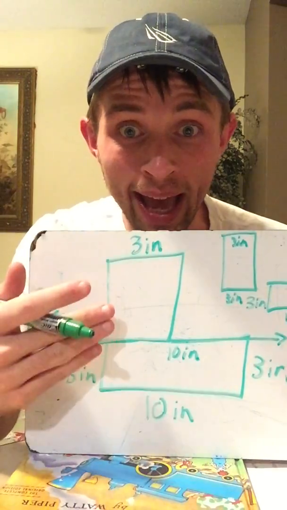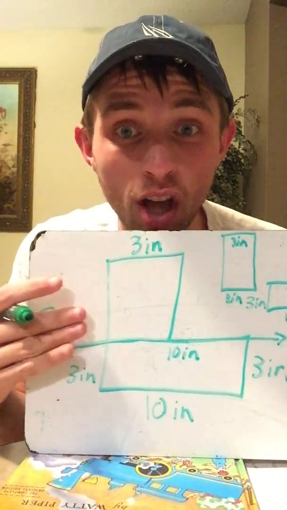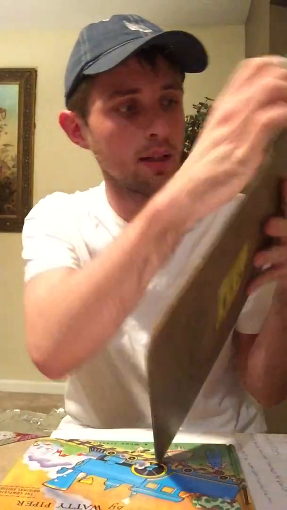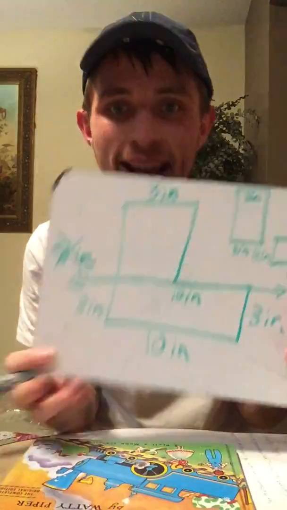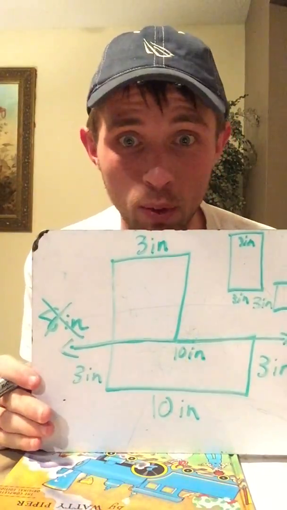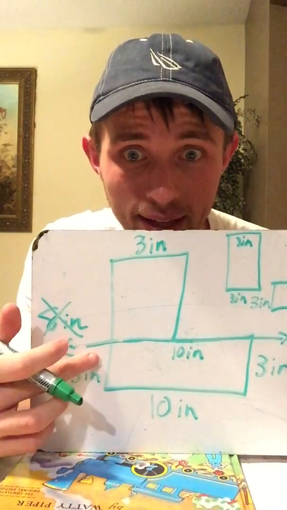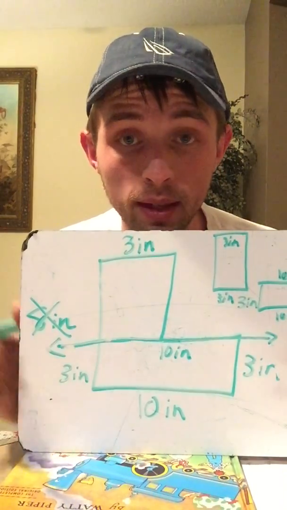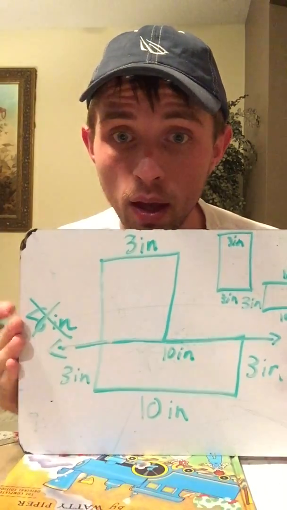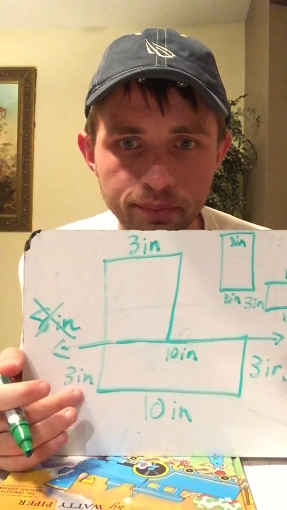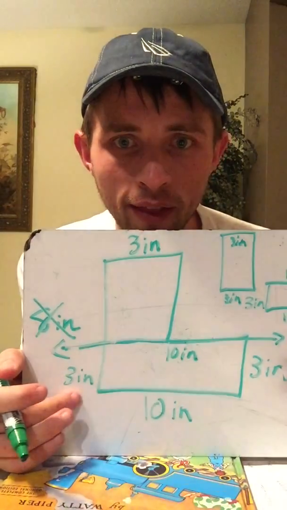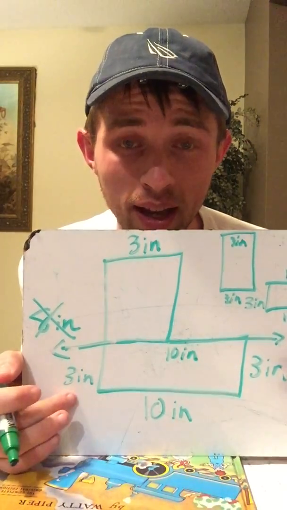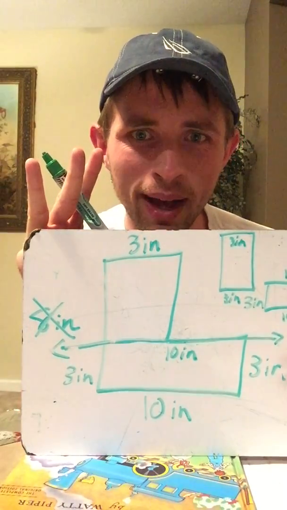It used to be 8, but then I split it, and so it's not 8 anymore. So I'm going to cross out 8 because it's not 8 anymore because I split it. Do you see where I split it? Now, but it used to be 8, right? What did we say that the length was for this shape down here? It was 3 inches, right?